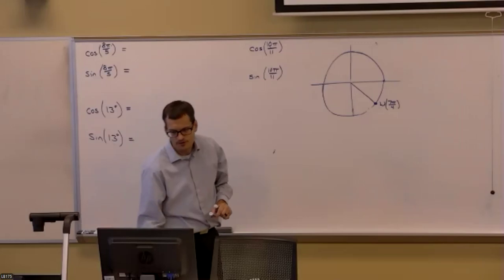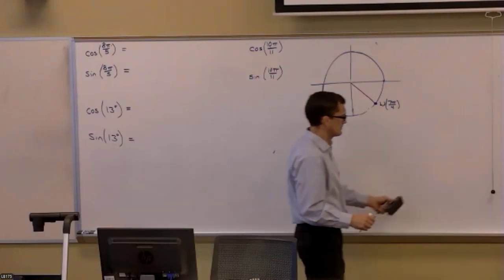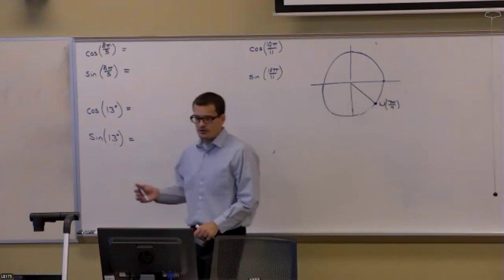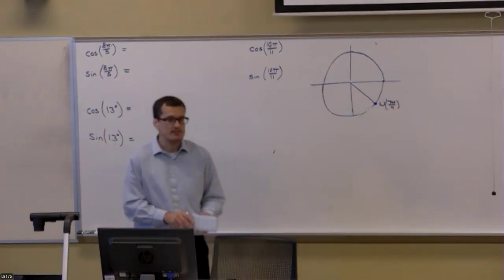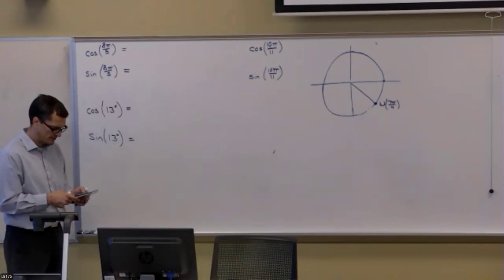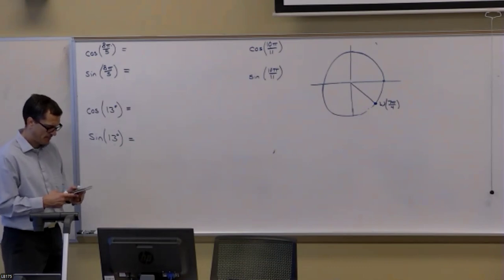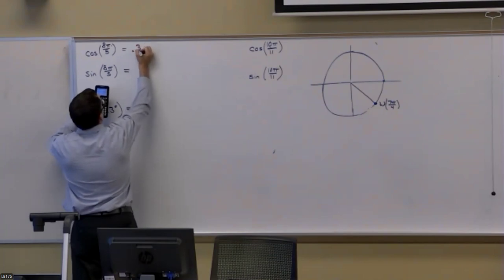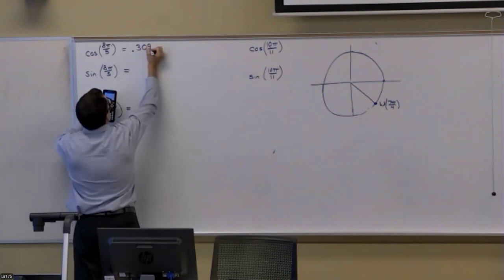This will be the last thing we do for today. So if I want to do cosine of 8 pi over 5, this is in radians, so make sure your calculator is in radians, and then just type it in. I get about 0.3090.